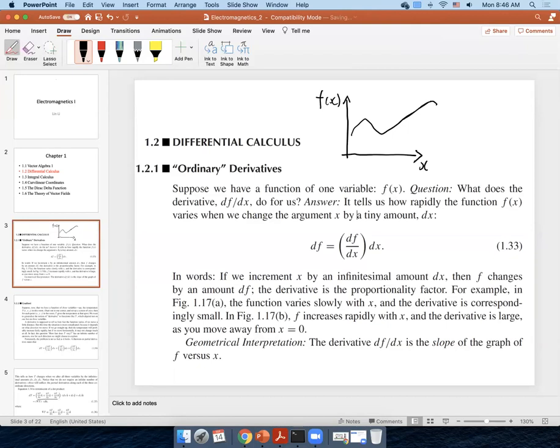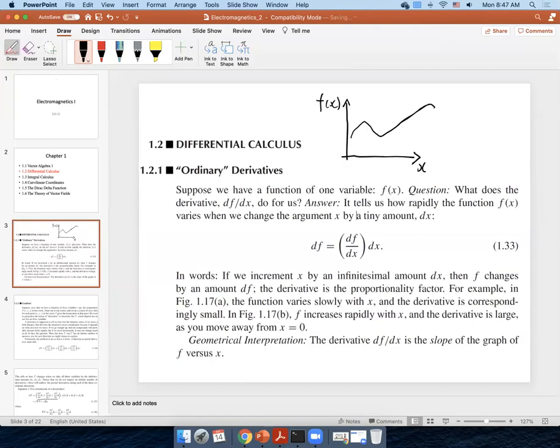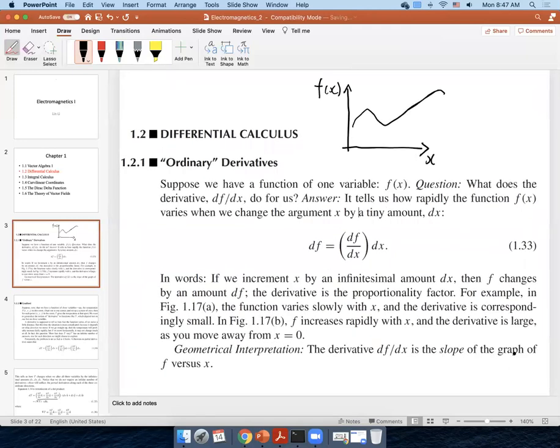So in the past, we have learned that df over dx, or the derivative, means the slope of this function at any point. Okay, let me make the screen a little bit bigger. For example, if you choose one x here, let's say this is x1, then the derivative of f at this point will be f prime of x1.